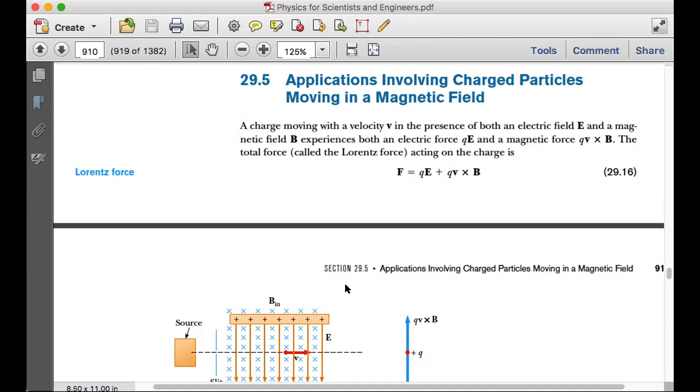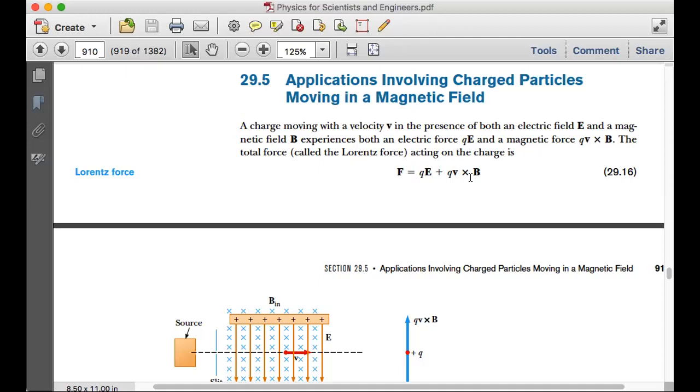Then the force exerted on the particle is equal to qE plus qv cross B.